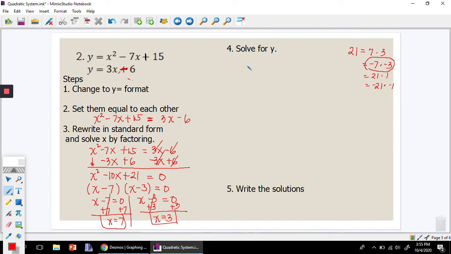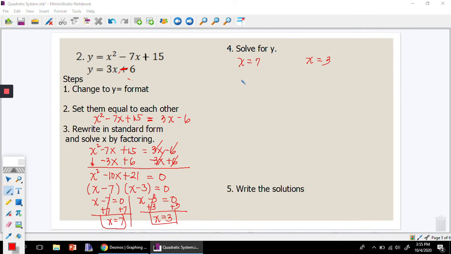To solve for y, we are going to use any of these two equations or functions. Okay, make sure that you choose the easier one. So if your x is 7 and your x is equal to 3. Okay, so we are going to use the linear equation because that is easier than the quadratic.